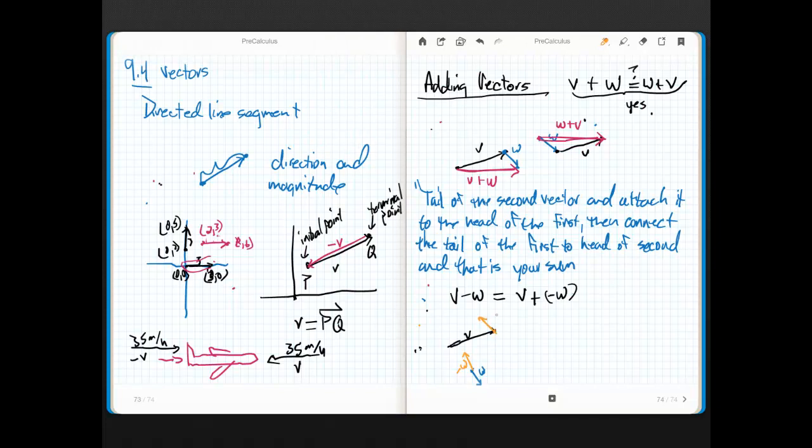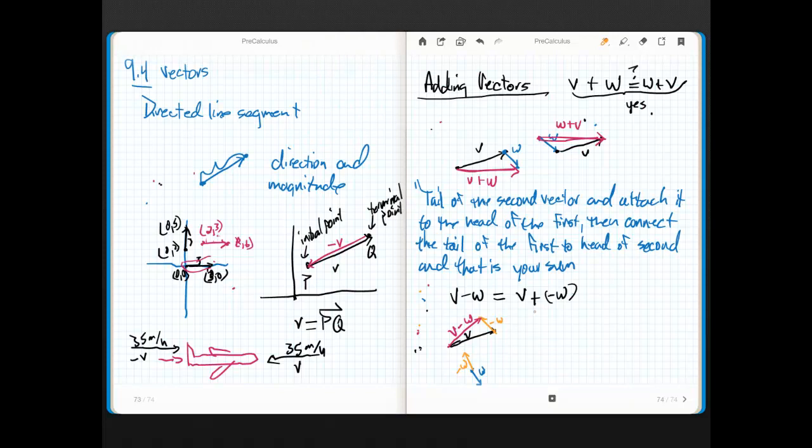So there's negative w, and the resulting vector is tail to tail, head to head. This right here is v minus w, right? Now, remember, this guy right here was negative w, and this guy right here is v minus w.